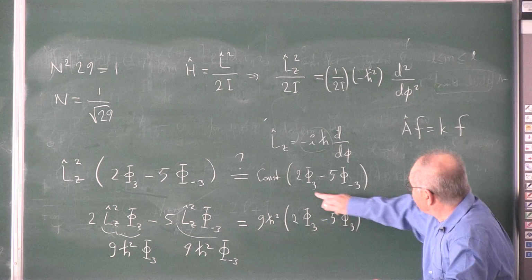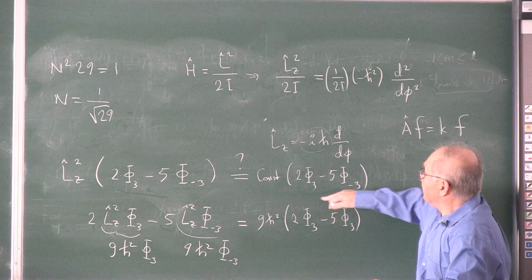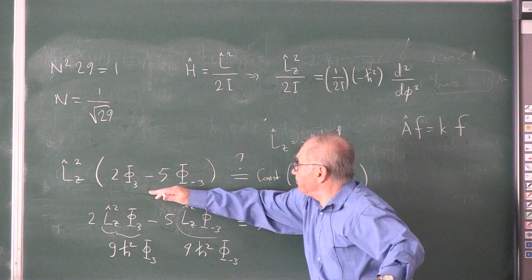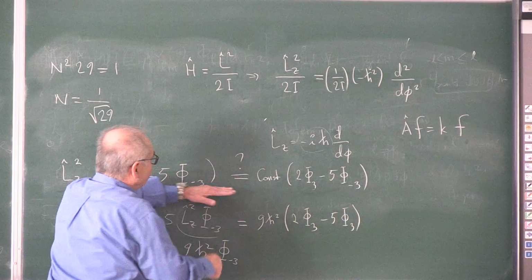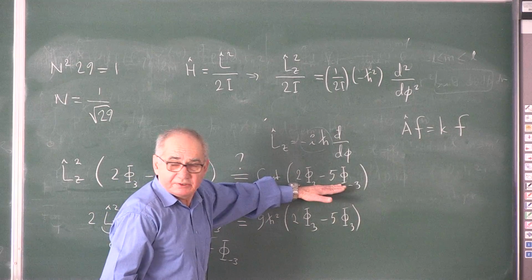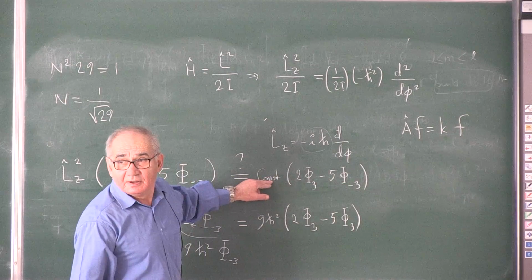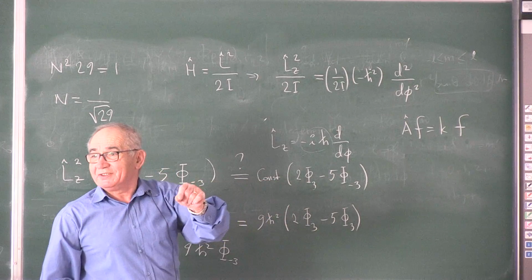Is this expression the same expression as this one? Yes. Therefore, is the left side equal to a constant times the same function? Yes. What is the value of the constant? 9 times h bar square. Therefore, the eigenvalue is 9 times h bar square.